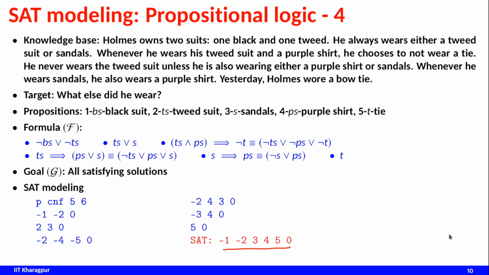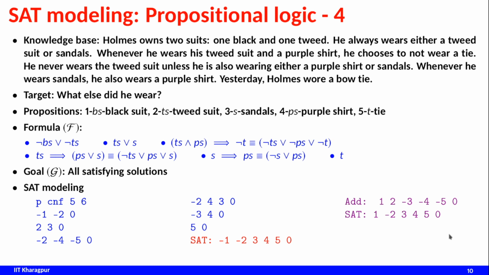So we'll be adding this clause in the knowledge base, and then again we will run our SAT solver. Effectively we will add 1 2 minus 3 minus 4 minus 5, and the moment we add it, we still get a SAT solution.